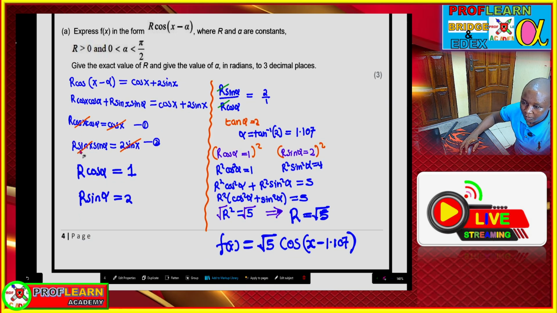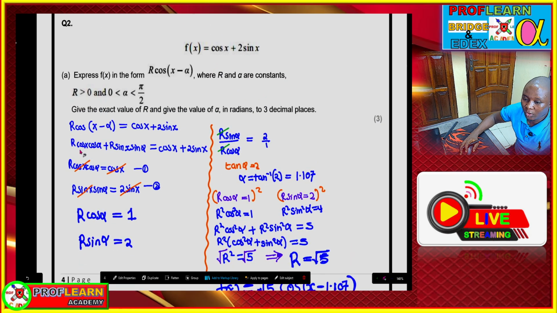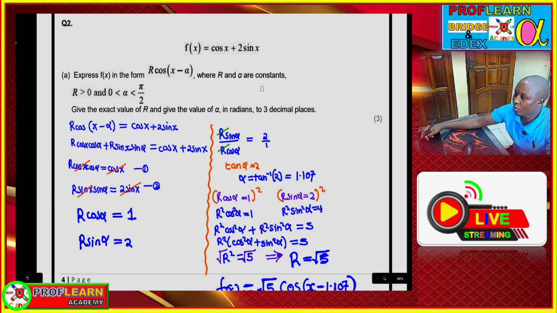Because the two expressions are equal, the whole of this part that we have here must equal cos x. If you equate, you can cancel cos x and cos x out.